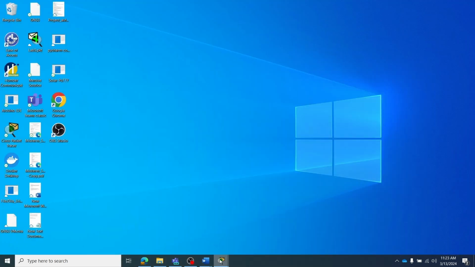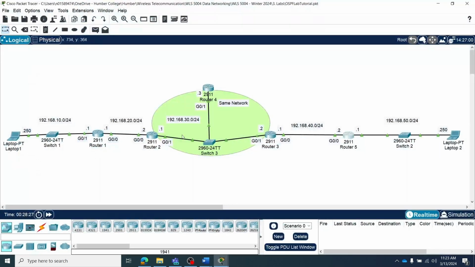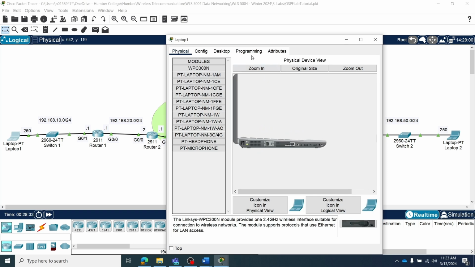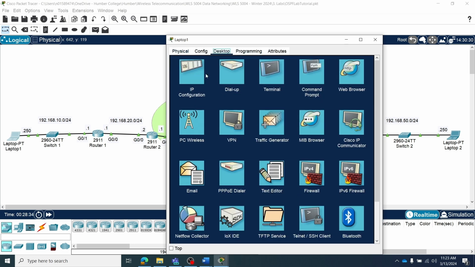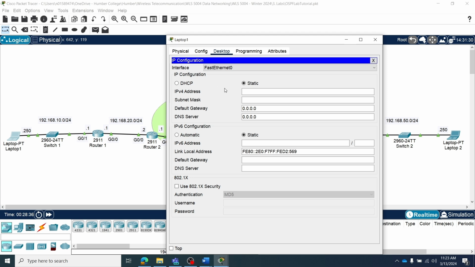Now let's configure IP on the laptop. The IP address is 192.168.10.250, with the subnet mask, and the default gateway is 192.168.10.1.